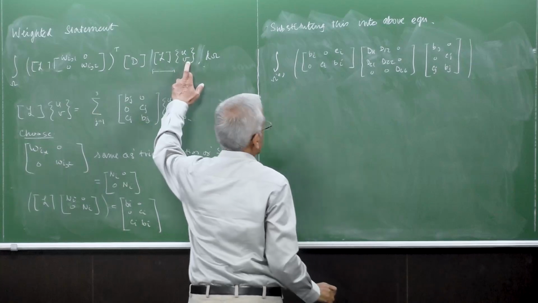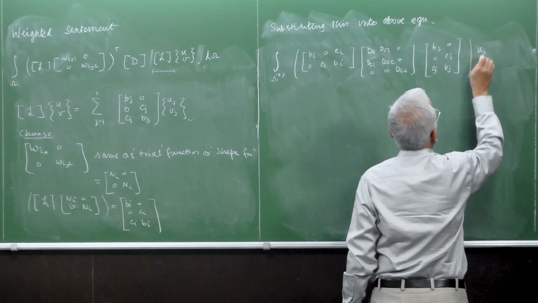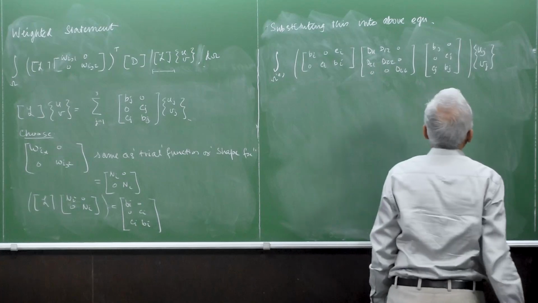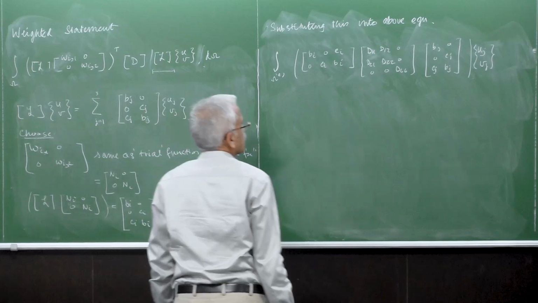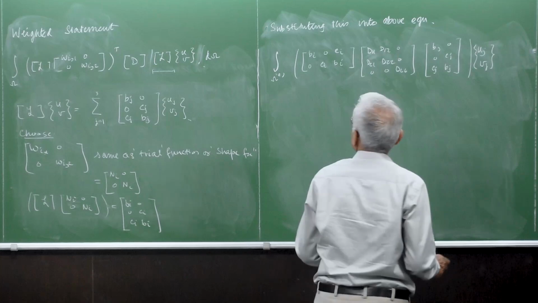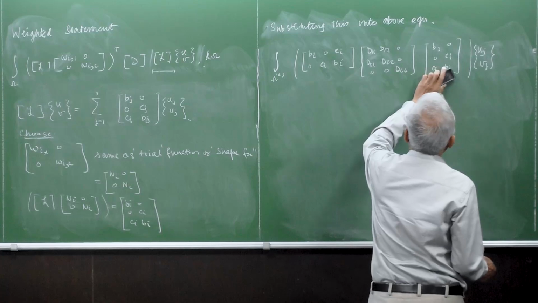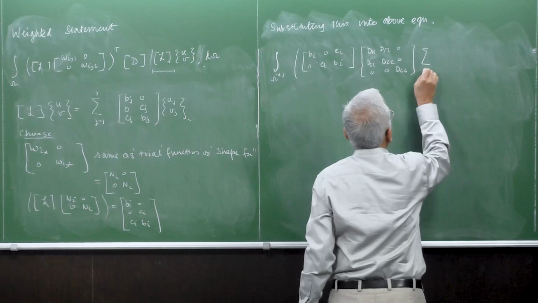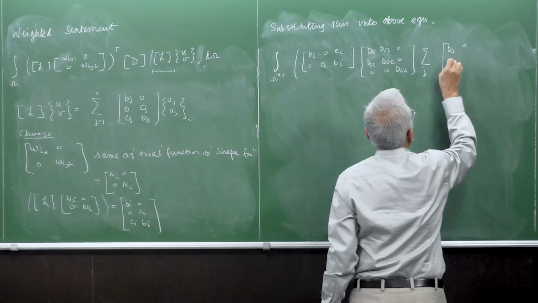This is L on Uj, the jth part, right? So actually, this is L operating on UV. That means this portion has to be written as a summation. Please make this correction.